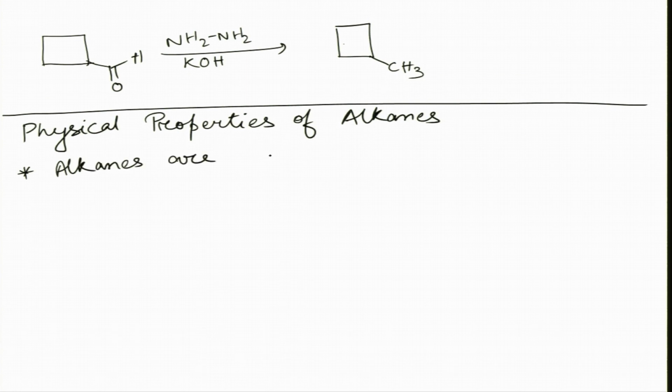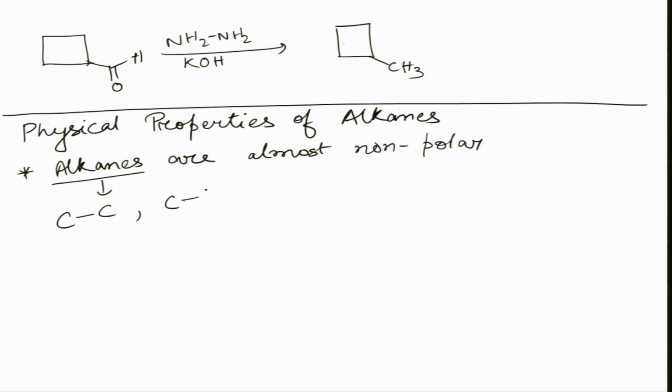So, the first thing is alkanes are almost non-polar. Why non-polar? Because alkanes are made up of carbon-carbon and carbon-hydrogen bonds. Carbon-carbon and carbon-hydrogen bonds are covalent bonds, right?